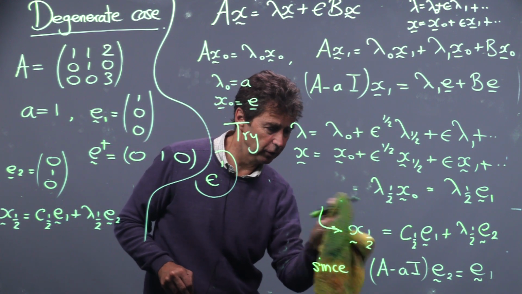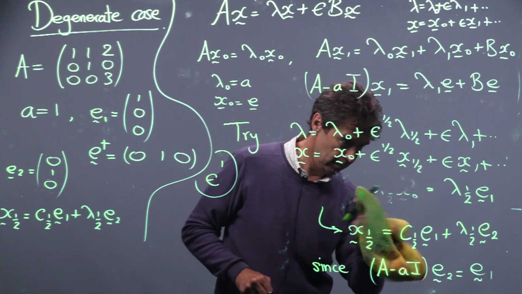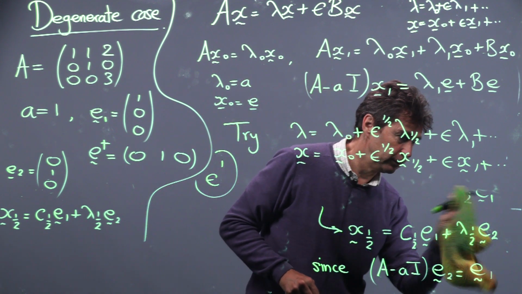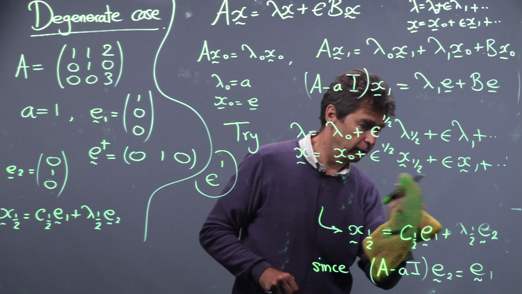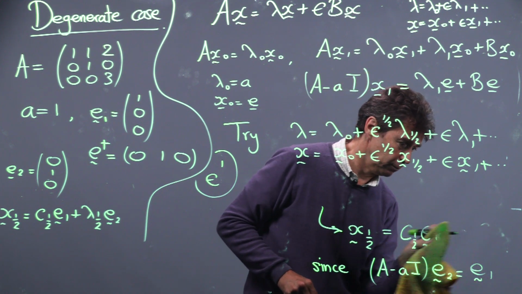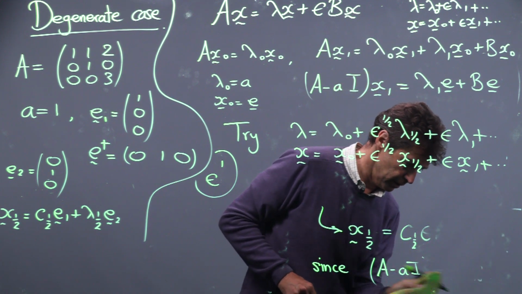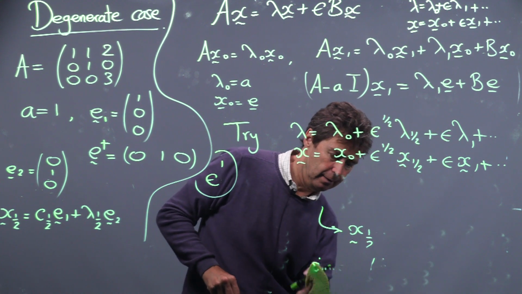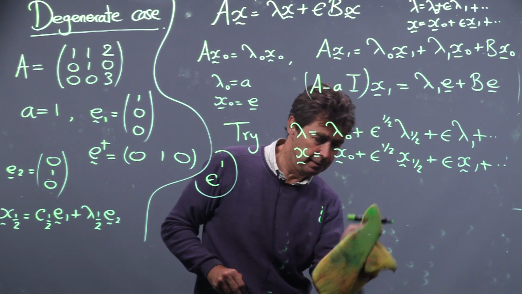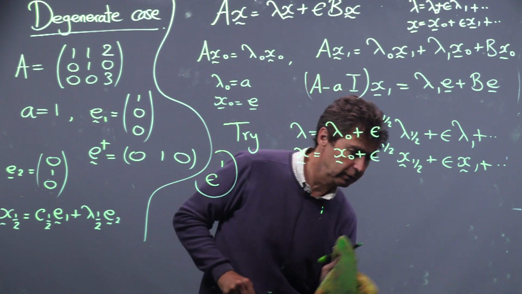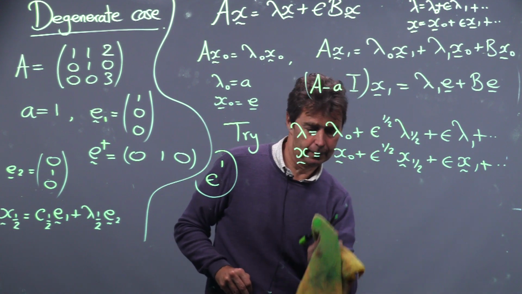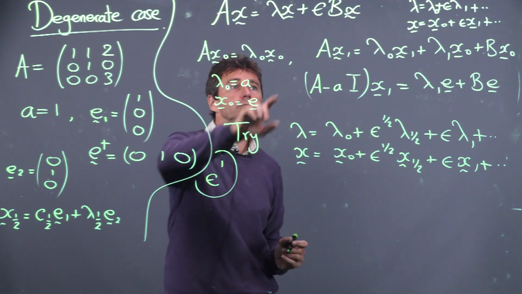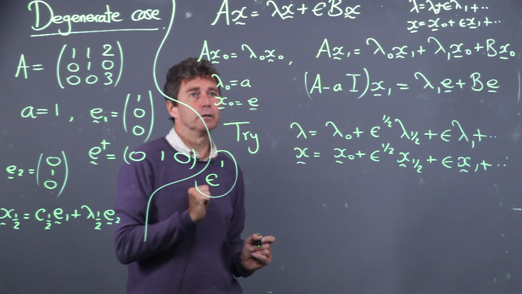So let's write down the equation for x1. So when you do this, of course, because you go into higher order, you're starting to get more and more terms. So the equation is going to get longer and longer. Now, in the problem that we're doing, with this epsilon to the 1/2 in it, I'm going to get this term at epsilon to the 1.